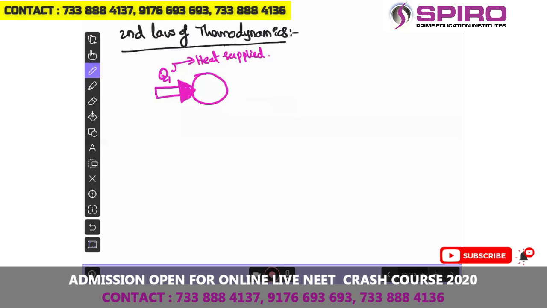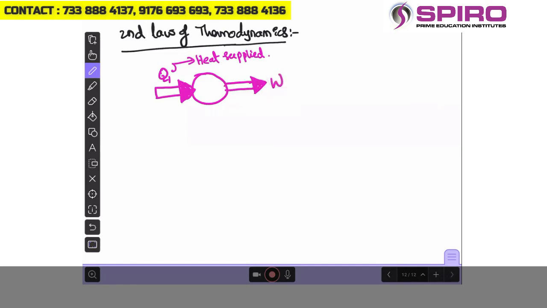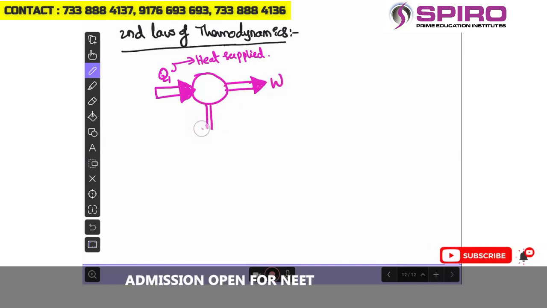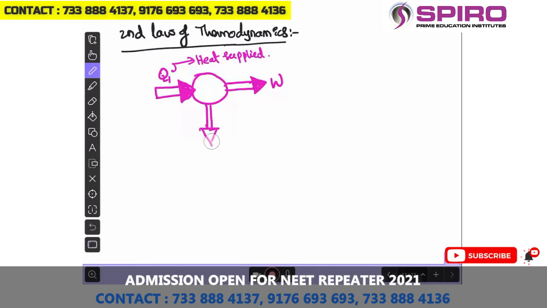Okay, after performing the work, some amount of the heat is rejected. This is the work that is performed, let us say, and the remaining heat is rejected out. This is the rejected heat.